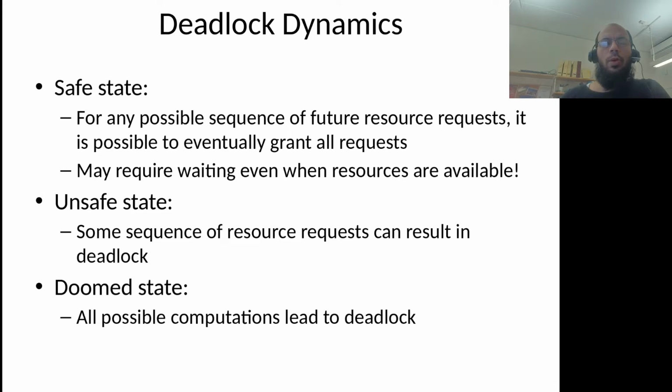If you try to acquire memory, you will always have it. That's the state of the system, and that state can change by, for example, starting a new application, because then you're contending between both applications for the memory, they try to expand the memory, and you might change the state from safe to unsafe. An unsafe state is one where there exists some sequence of resource requests that can result in a deadlock.